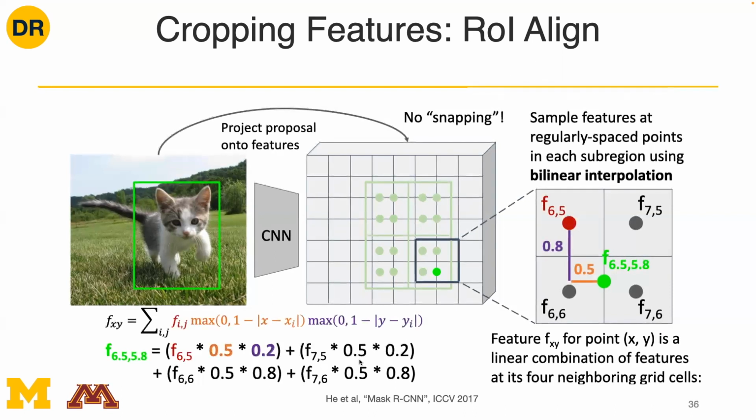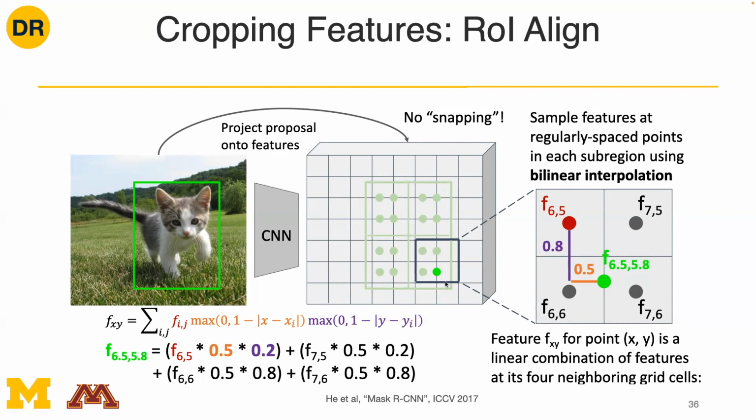In this case, what this equation is saying is that the specific sample point we're interested in producing an output feature vector for is 0.5 units in the x dimension away from f65, and 0.8 units away from that grid cell in the vertical dimension.